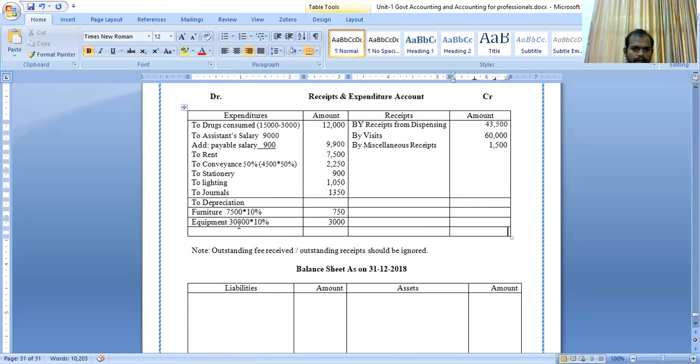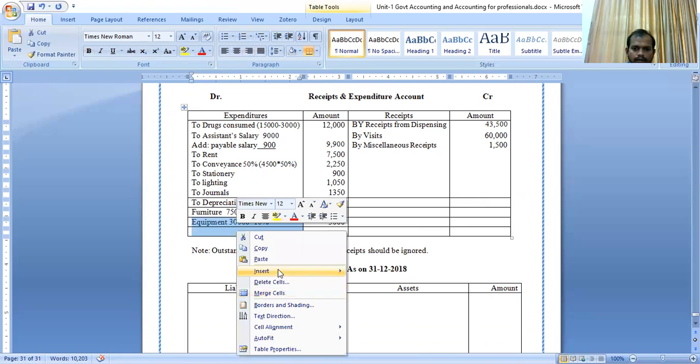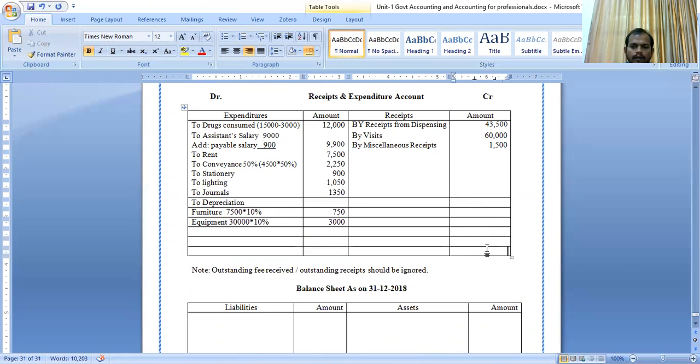So we'll finalize the balances. 1,05,000. So it comes around 66,300.